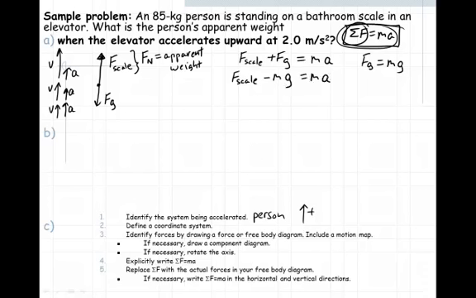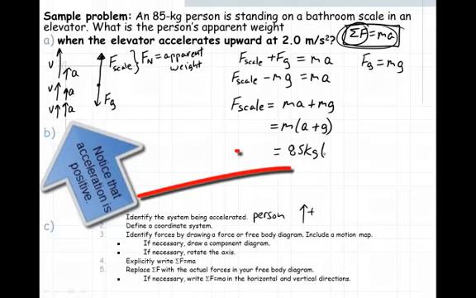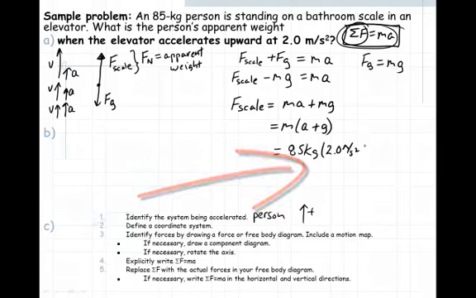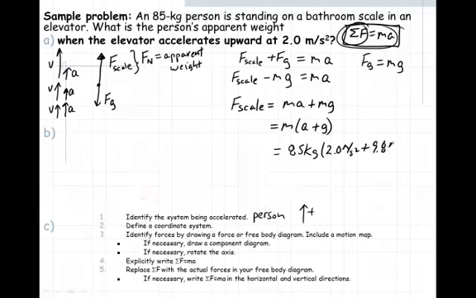And if we want to find the force of the scale, because remember that's the apparent weight, we would add mg to the other side, and we could factor out the mass, take the acceleration, add it to gravity, and have 85 kilograms times the acceleration, which is 2.0 meters per second squared, plus 9.8 meters per second squared. And that would give us a value of 1,003 newtons.